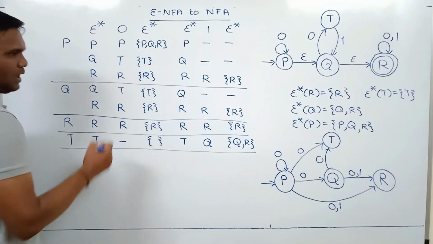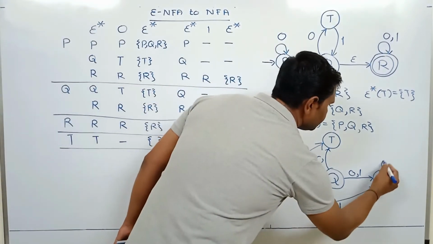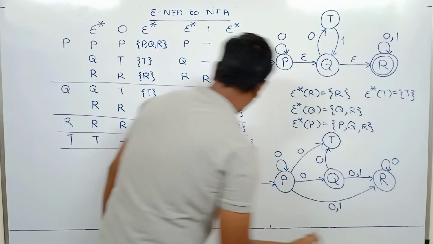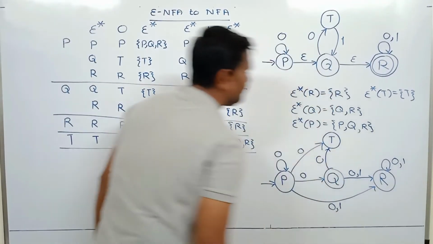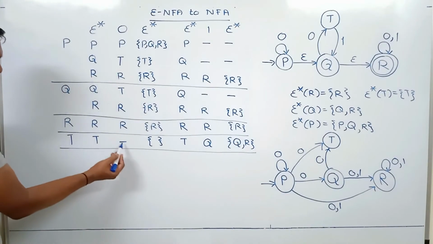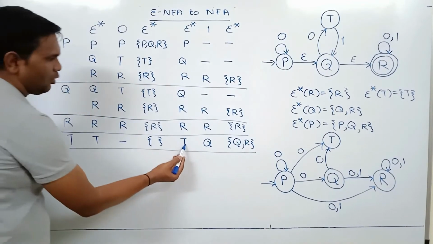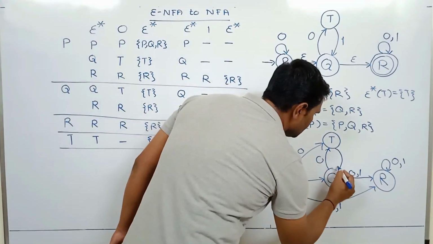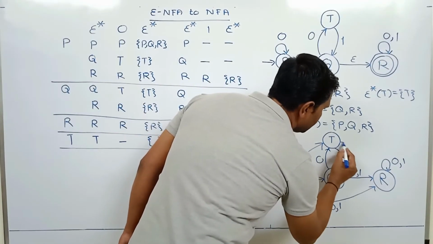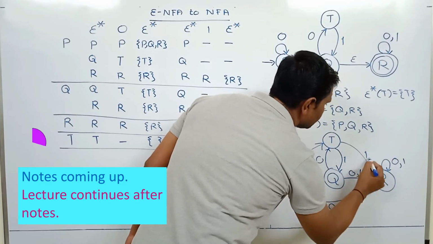R on 0 goes to R. R on 1 goes to R. T on 0 there is no transition. T on 1 goes to Q and R. T on 1 goes to Q. T on 1 goes to R.